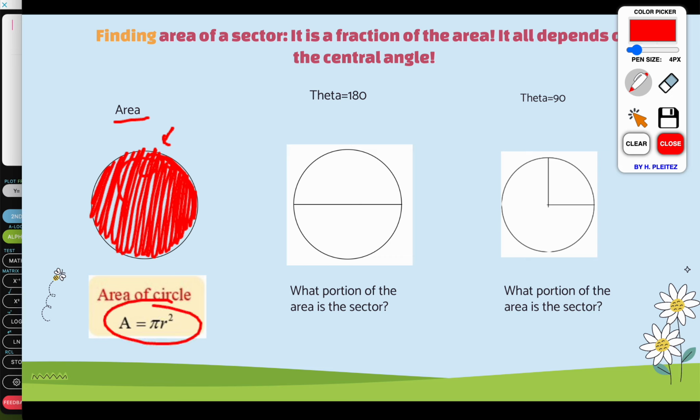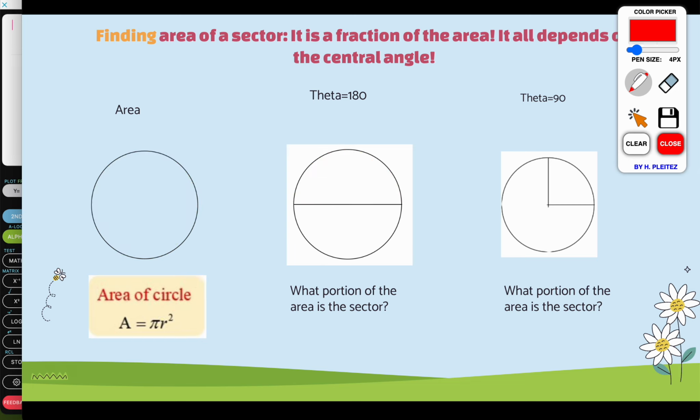But let's say one day I wasn't as hungry and I ate this much of the pizza. That's going to be a fraction of the entire area. So we have to figure out what portion of the area I ate. That's all going to depend on our central angle.